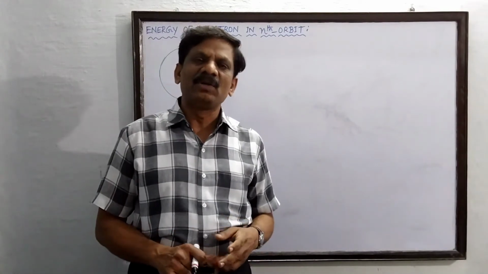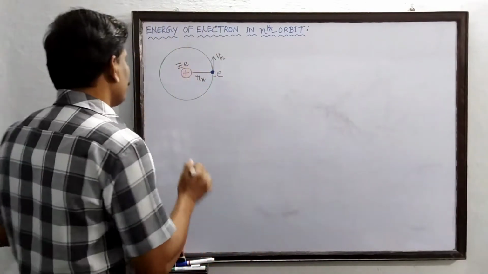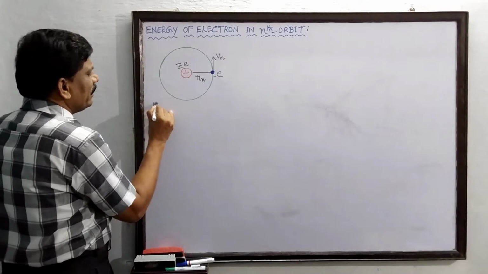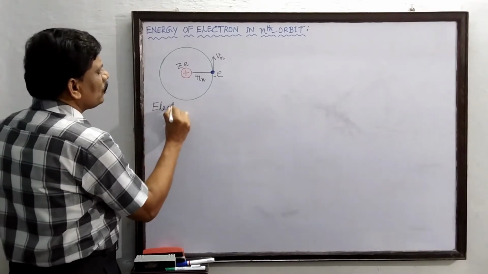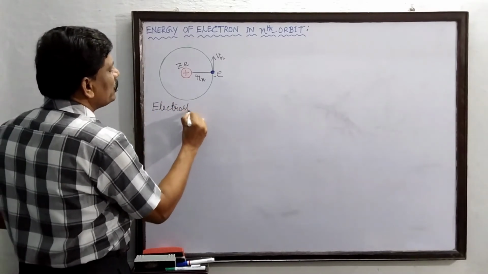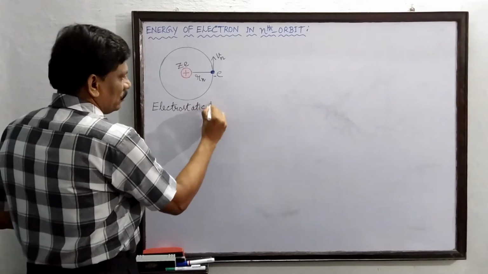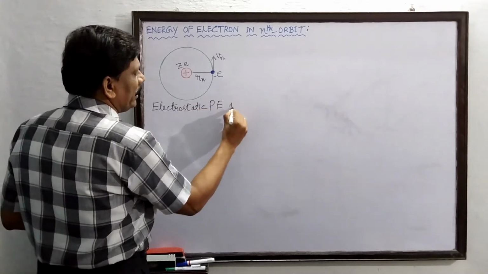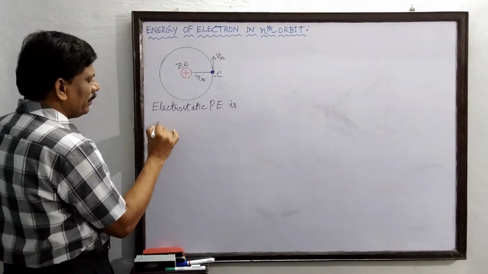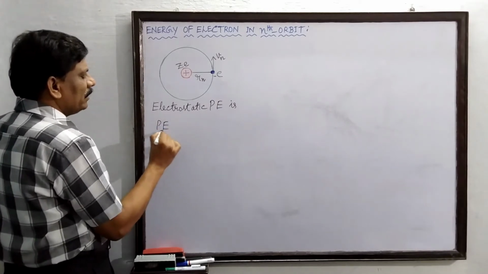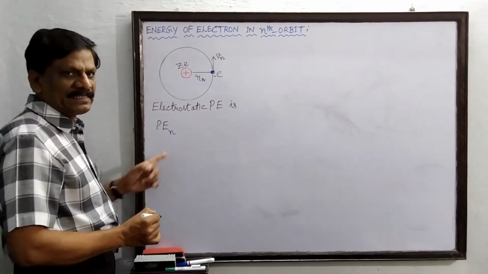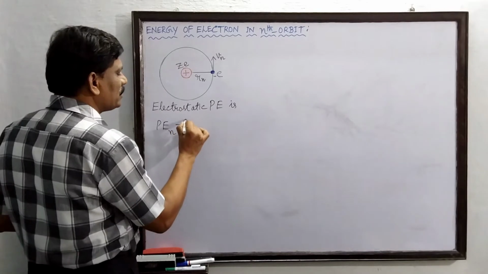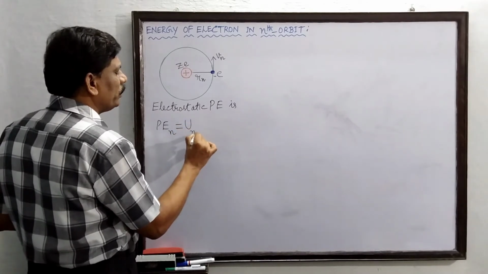One is called electrostatic potential energy. So, we will start this derivation with the expression for electrostatic potential energy. So, the electrostatic potential energy of the electron in the nth orbit is given by Pen, which is also denoted by capital Un.